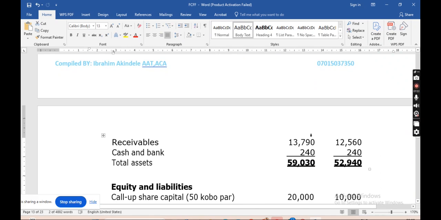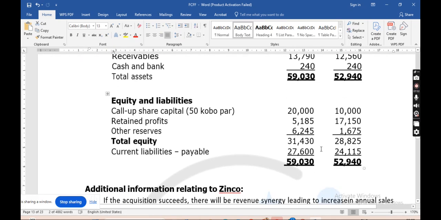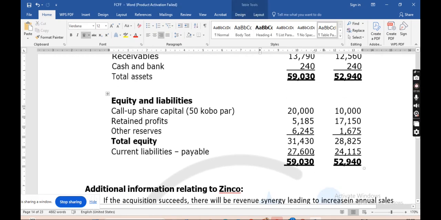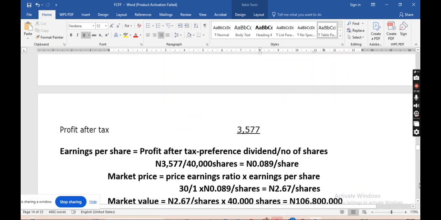Don't forget it excludes cash. Is that not so? Have you picked it? Okay. Now, what about the current liability? This is the current liability, 27,600 payable. Have you picked that also? Okay, so now let's arrange it.